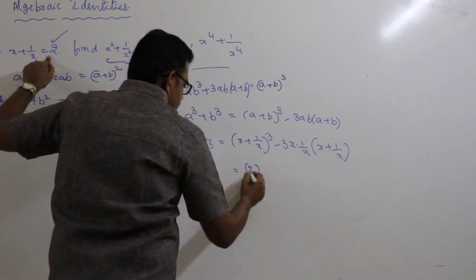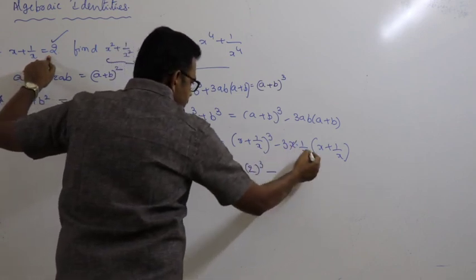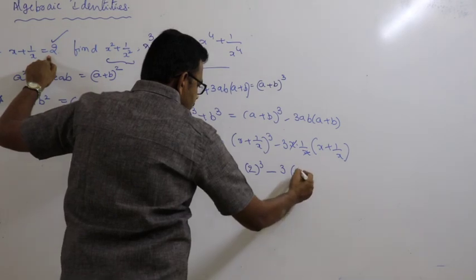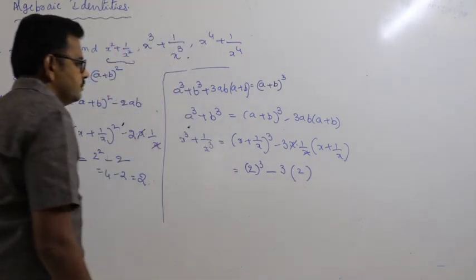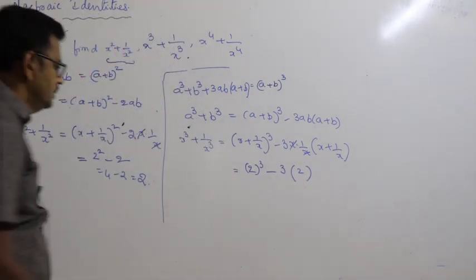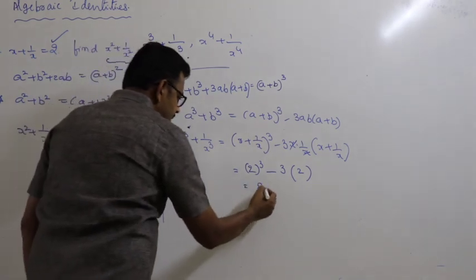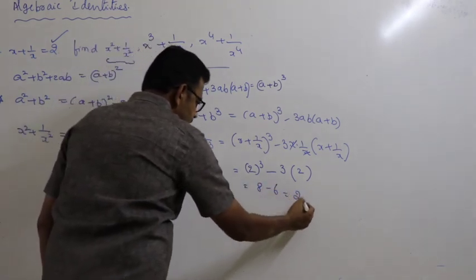This is 2 cube minus, these two get cancelled, 3 into 2. So that is 8 minus 6, that is 2.